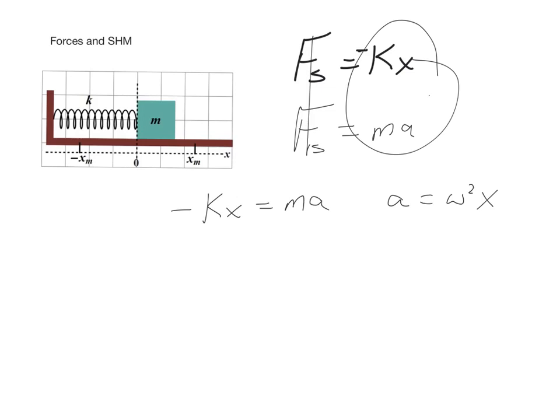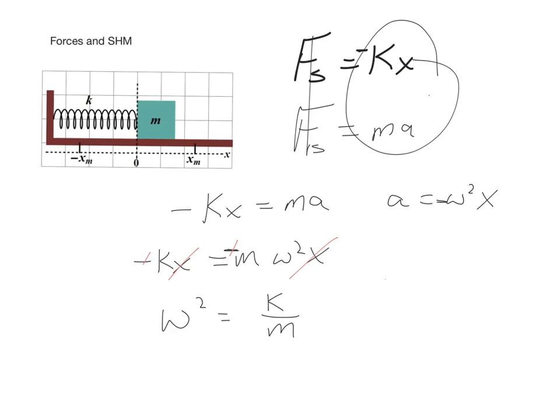If we substitute that in, those go away, and we can solve this. I forgot my negative sign here, which makes a negative sign here, which makes those cancel out. So omega squared is equal to k over m.